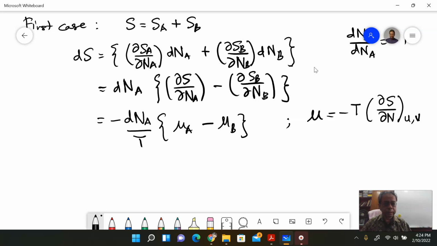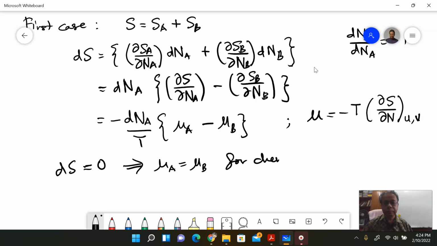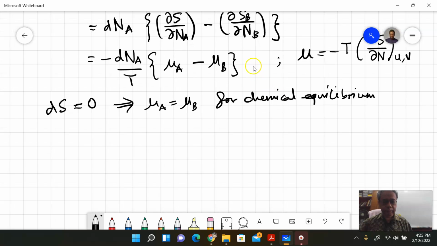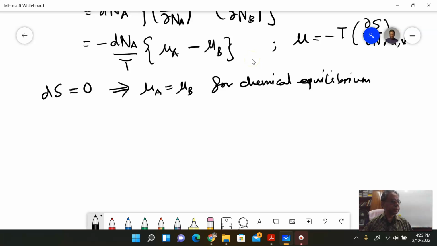So in other words, dS will be equal to 0, which implies that, in the case of chemical equilibrium, we require that mu A equals mu B. So this is for the case of the two systems A and B.